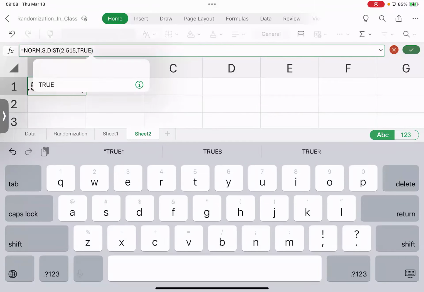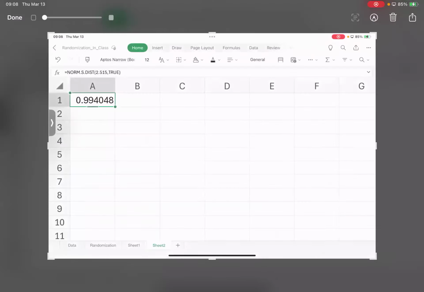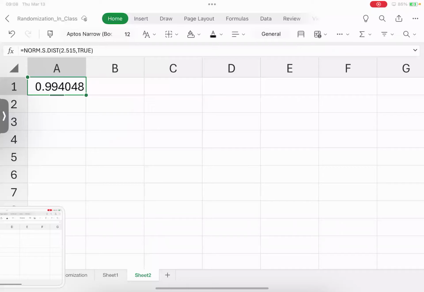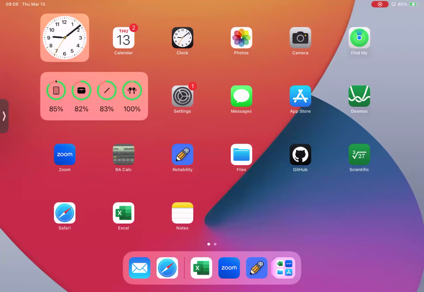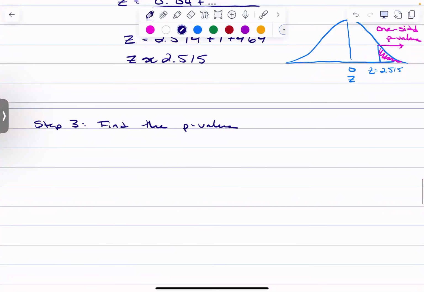Don't want those brackets. Wait, 0.994048. Okay. That's the left side. Yeah, exactly.